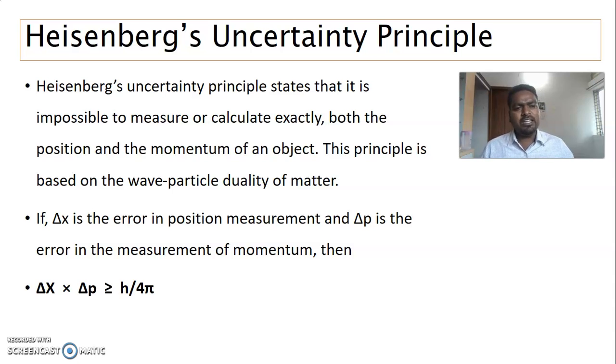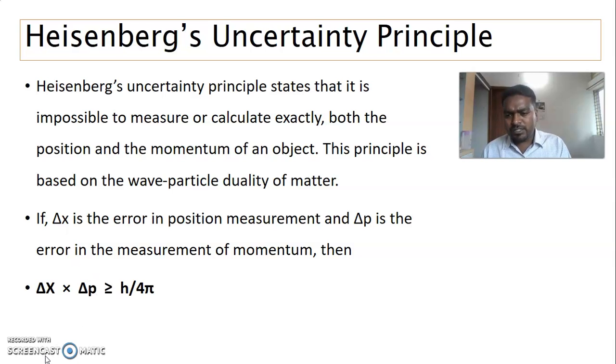Simultaneously you cannot identify both momentum and position. Suppose you try to identify its position, you will end up with an error in the momentum. If you try to determine the momentum, you will end up with an error in position. So that's why there is an uncertainty, and that's why it is called the uncertainty principle.